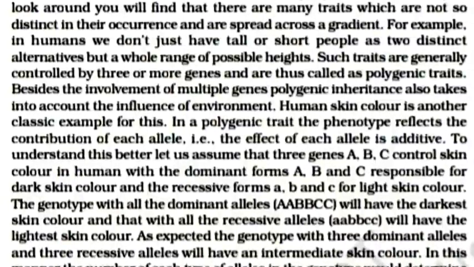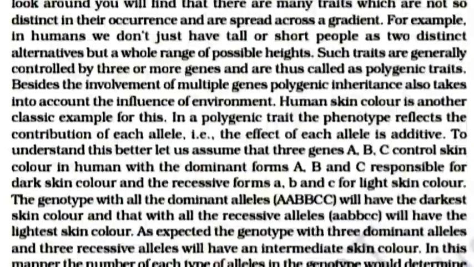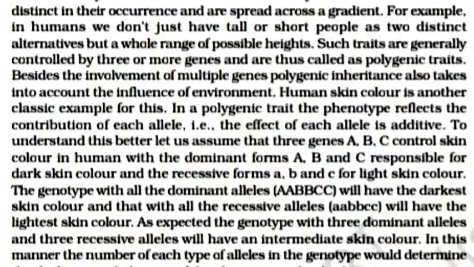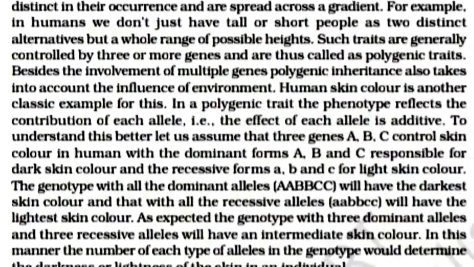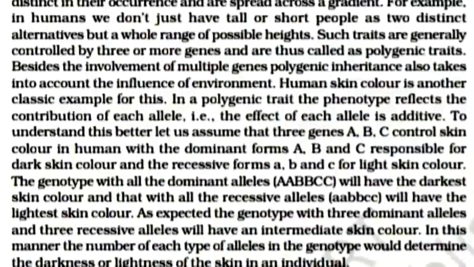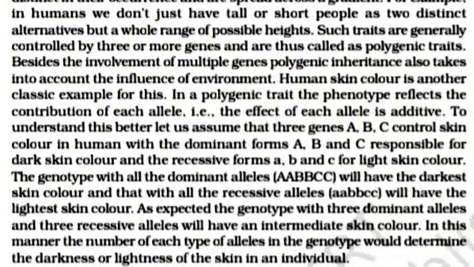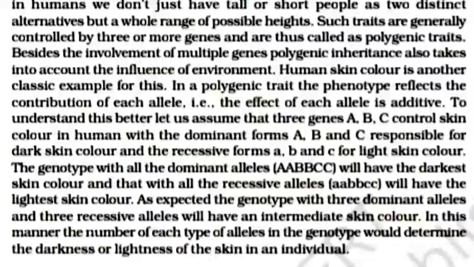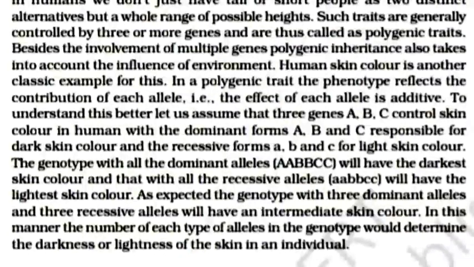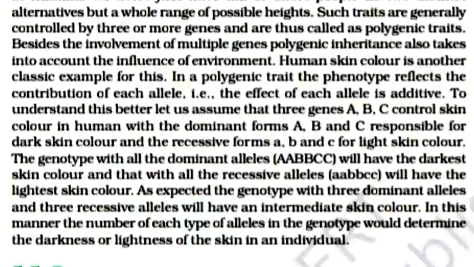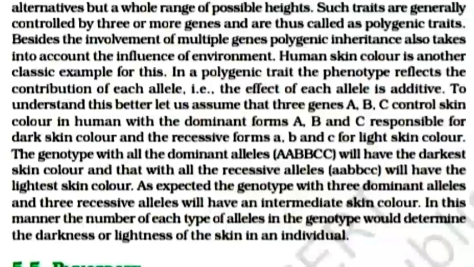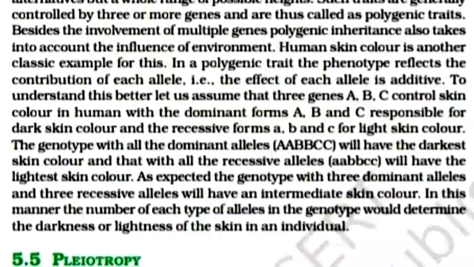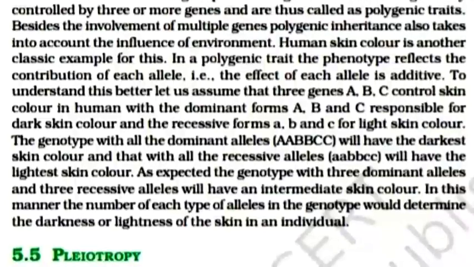For example, in humans we don't just have tall or short people as two distinct alternatives, but a whole range of possible heights. Such traits are generally controlled by three or more genes and are thus called polygenic traits. Besides the involvement of multiple genes, polygenic inheritance also takes into account the influence of environment. Human skin color is another classic example of this.